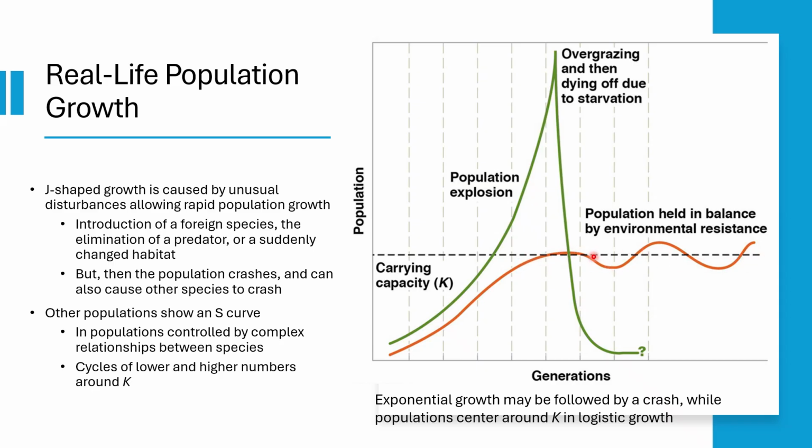The number of individuals some years is going to be a little bit higher, other years a little bit lower. So this J shape might be followed by a crash, or if there is some kind of system that regulates that population before it reaches the crash, you may see the carrying capacity being established as well.